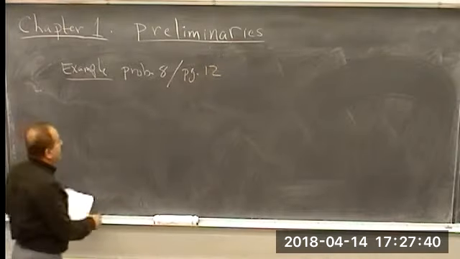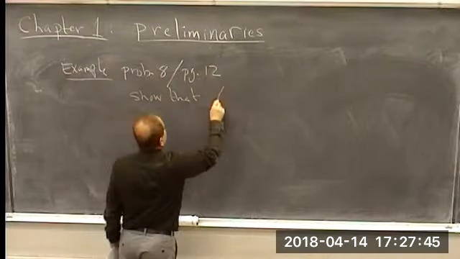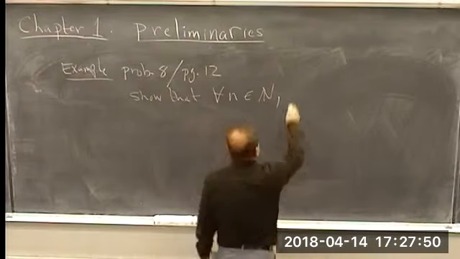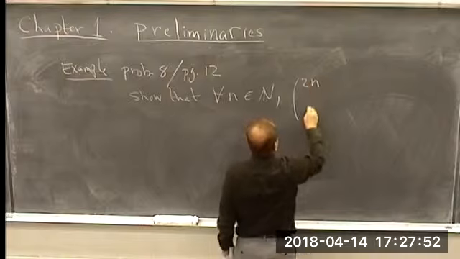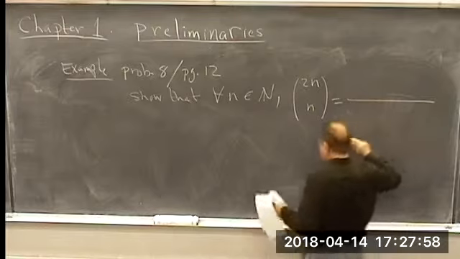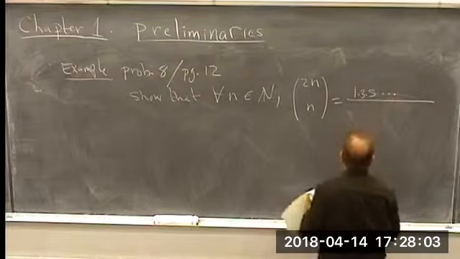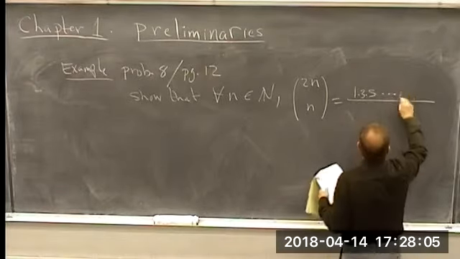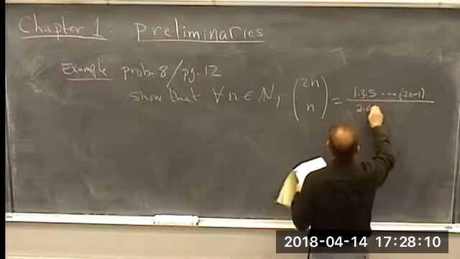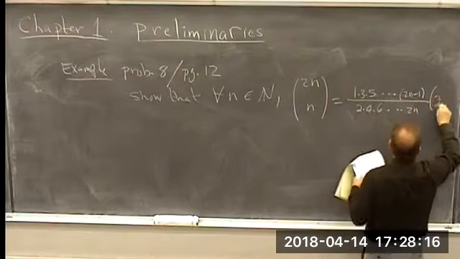Where we're going to show that for all n in the natural numbers, the binomial coefficient of 2n choose n is equal to this expression. Okay, 1, 3, 5, this is the product of the odd numbers from 1 to 2n minus 1. And then here's 2, 4, 6 up to 2n, and this is 2 to the power 2n.